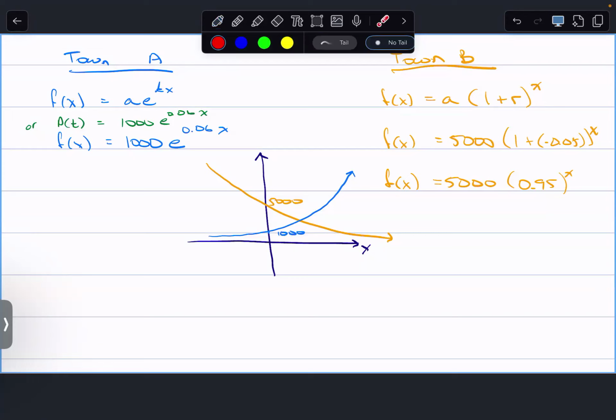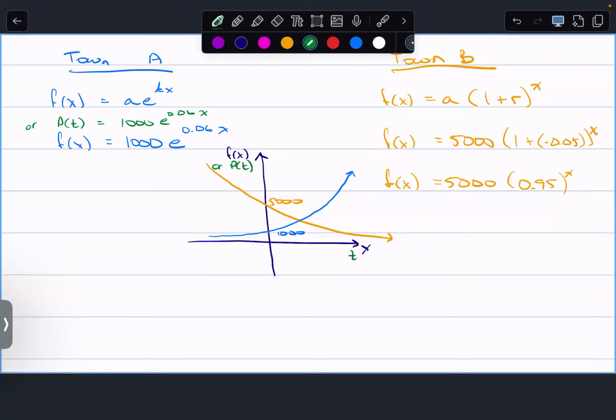And at some point here, at the intersection, that's where the populations will be the same, f of x, or the population at time t, or P of t if we let that axis be called t.